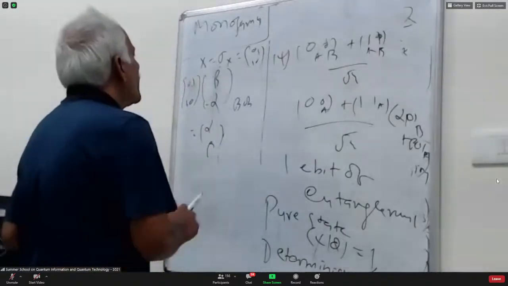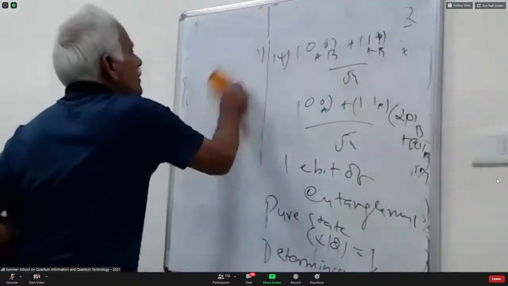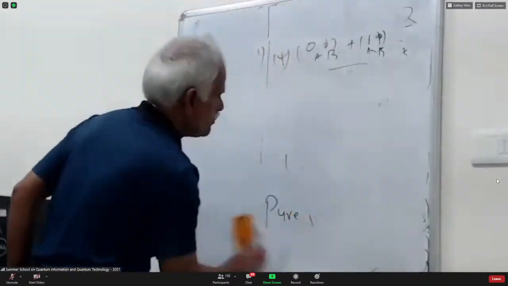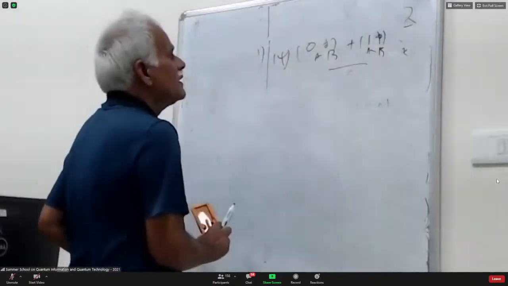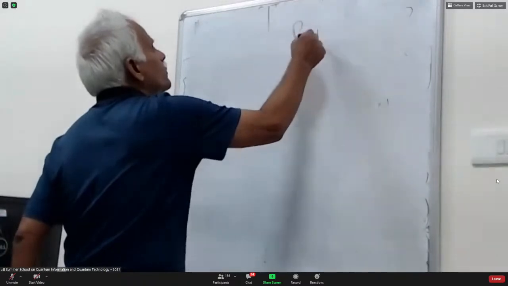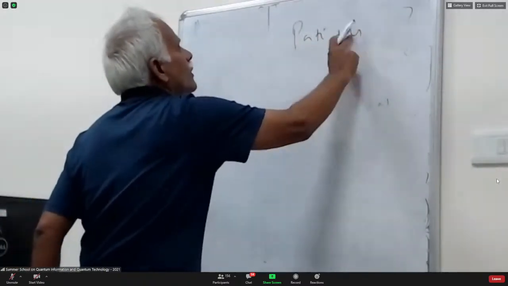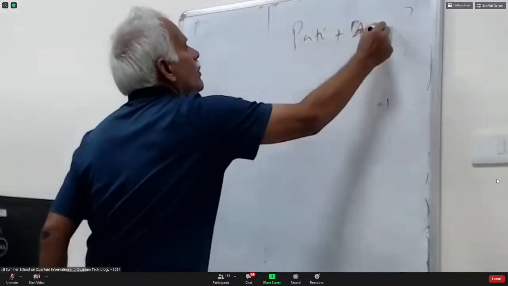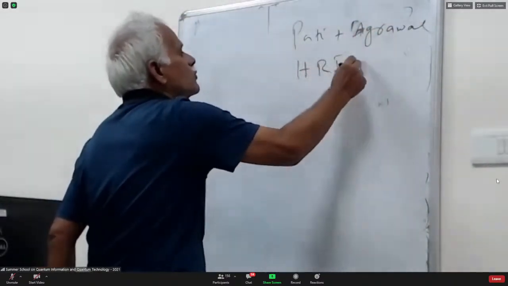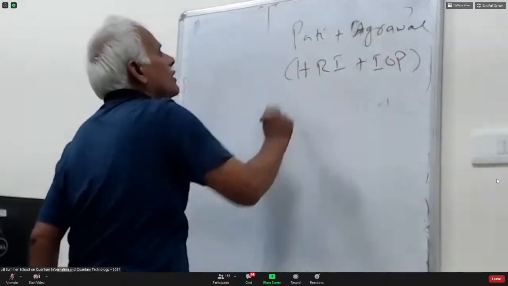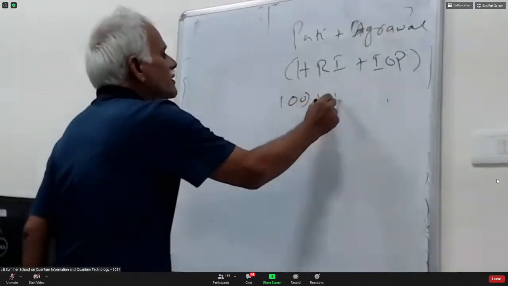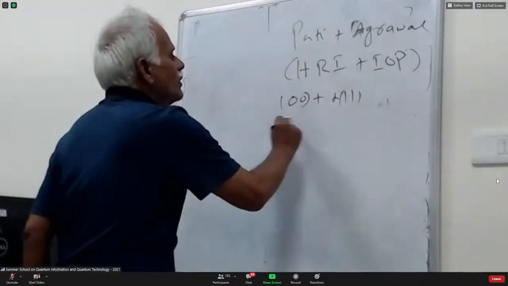Alright. So then you may ask, can I give you an example where it will be probabilistic? The answer is yes. That was a very nice paper of Professor Pati and collaborators at the Harish-Chandra Research Institute. They show that if you take a non-maximally entangled state, for example, work it out yourself.